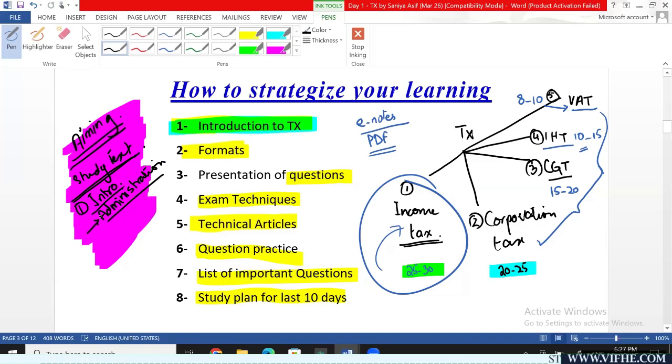So is the case with VAT and inheritance taxes. All the regulatory procedures, the dates, deadlines, these all are to be covered out of the study text if you want to secure the highest possible marks.